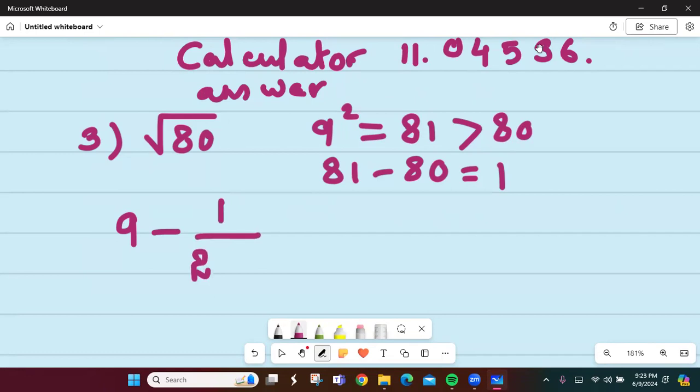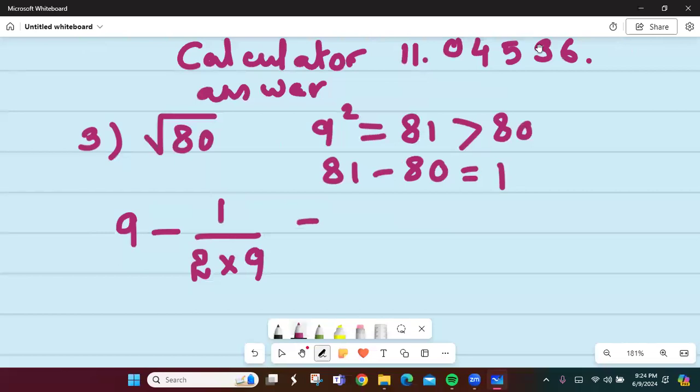This is common in all the cases. You have to always divide by 2 and then multiply by the square root which is nearest to 80, and that is the square root of 81, that is 9.